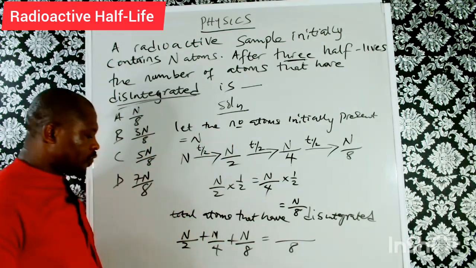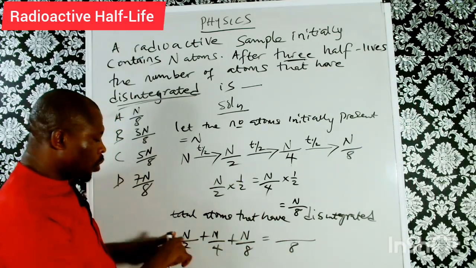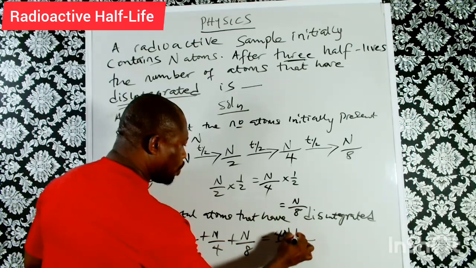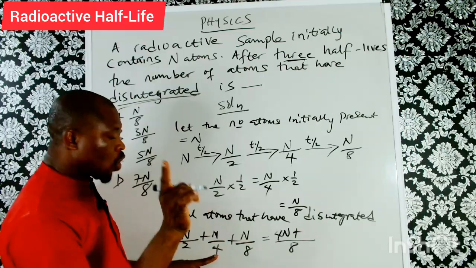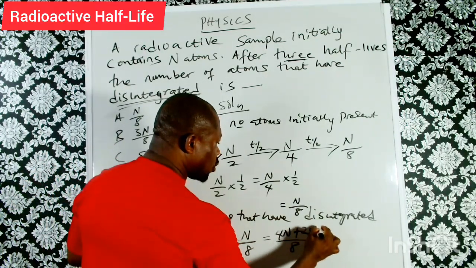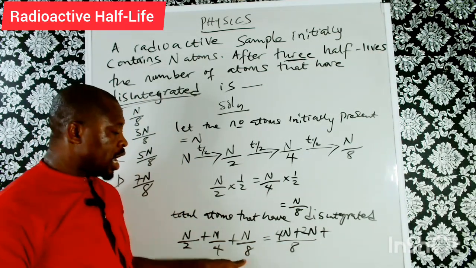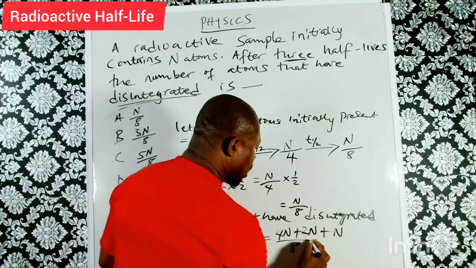Now we have 2 into 8 will give us 4. 4 times n is 4n plus 4 divide 8, which will give us 2. 2 times n will give us 2n plus 8 divided 8, of course, 8 divided 8 is 1. 1 times n will give us n.